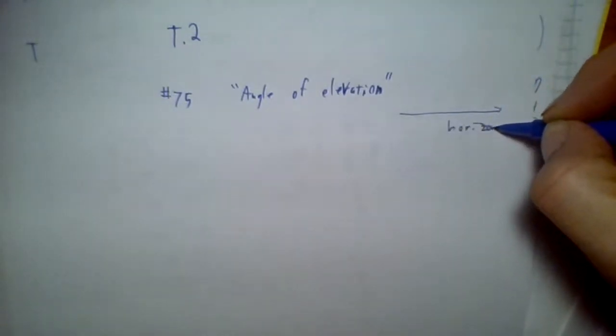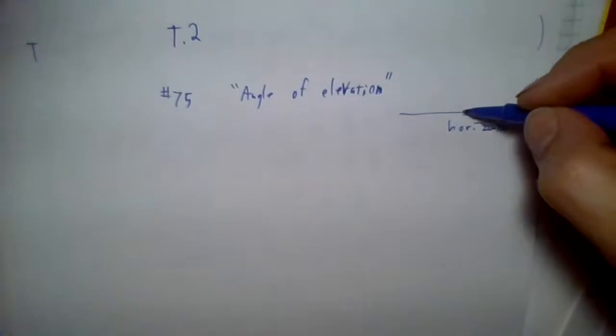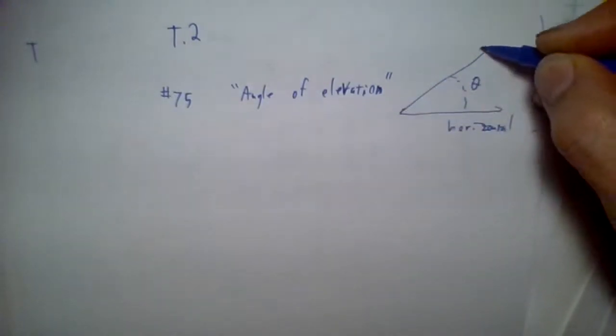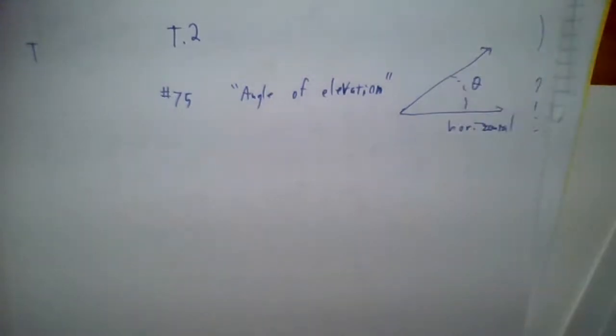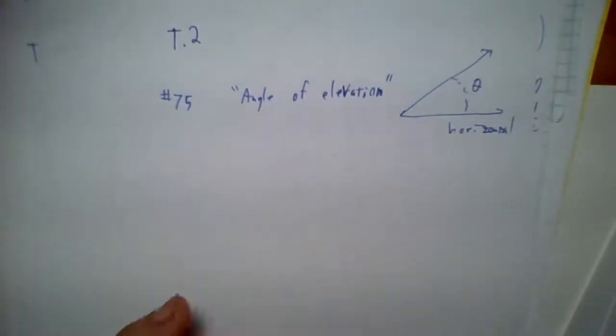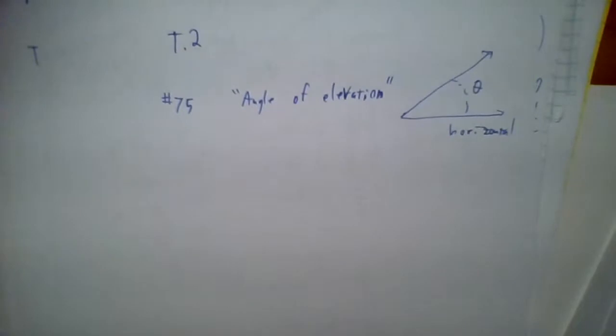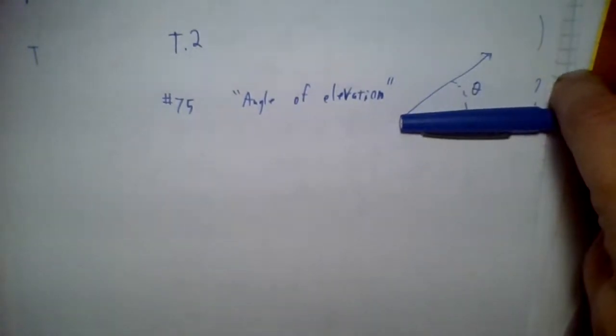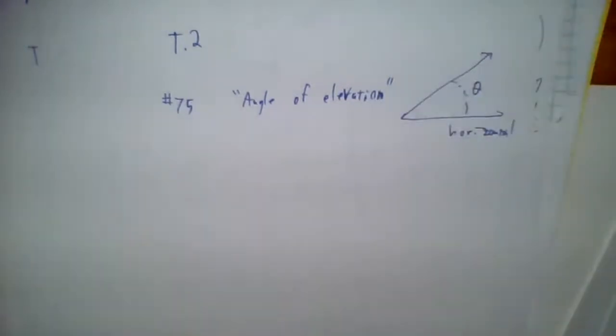You're in a situation where you've got some kind of level or horizontal to look at, and you're measuring an angle up above that. So if this is your angle of elevation, it's just measured from the horizontal. That fits nicely with how we do things in the XY plane, because we measure starting at 0 degrees being the horizontal at the x-axis, and we measure the angles that way. So this angle of elevation makes sense for them.